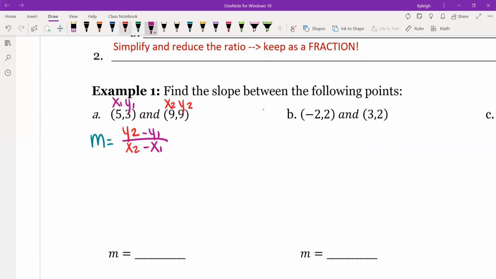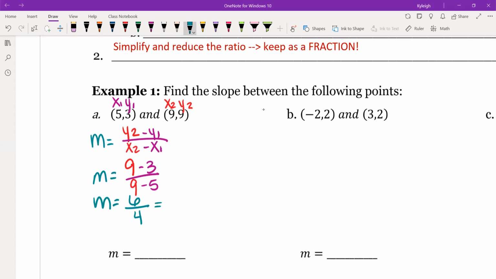Okay, so y2 is 9, y1 is 3, x2 is 9, x1 is 5. And I said that was equal to m. 9 minus 3 is 6. 9 minus 5 is 4.